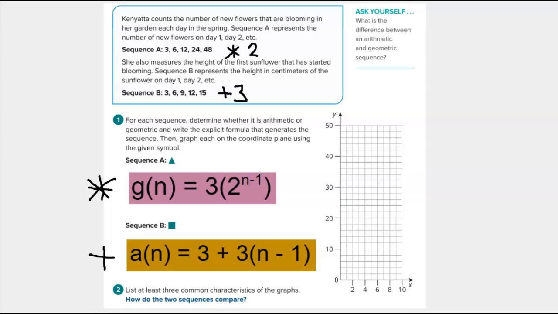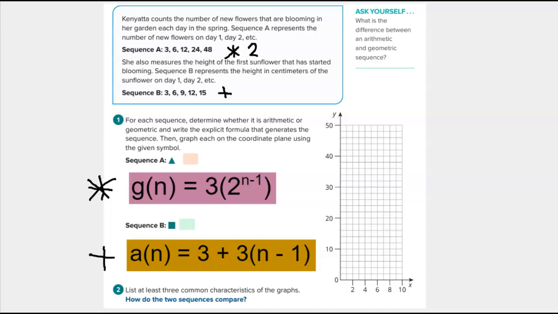So I think what I'm going to do for my purposes, since it's hard to draw the little triangles and the little squares using the technology that I'm using, I'm going to use a little peach colored rectangle for sequence A, and then I'll use a little green tinted rectangle for sequence B. All right, and I'll keep them as close to the points as possible.